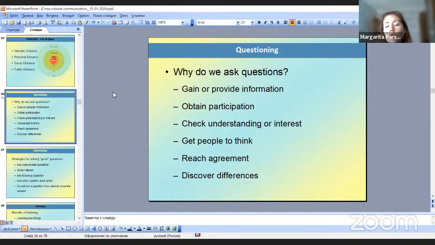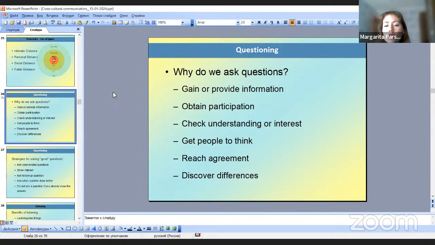Check understanding or interest. When you're asking questions, you check understanding, you check the interest of the other person. It shows you whether the other people are interested in what you are saying, and whether this information is important to them. Get people to think.